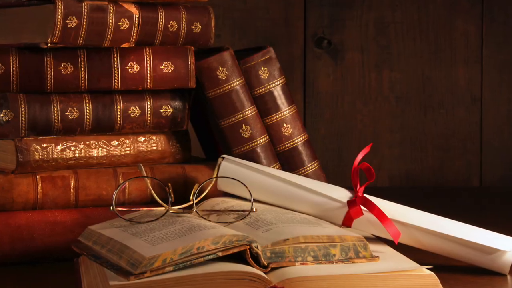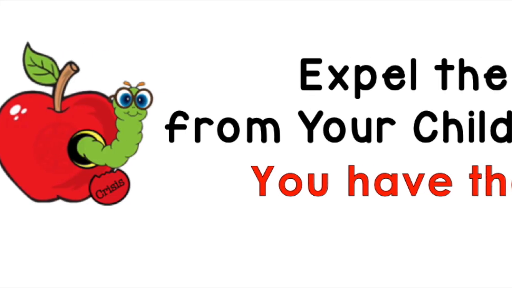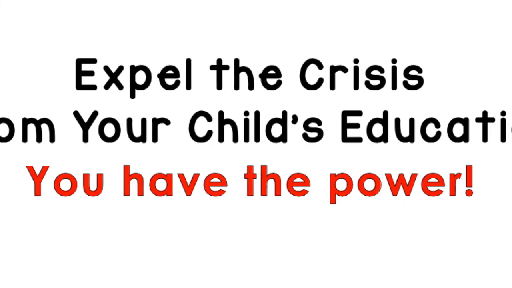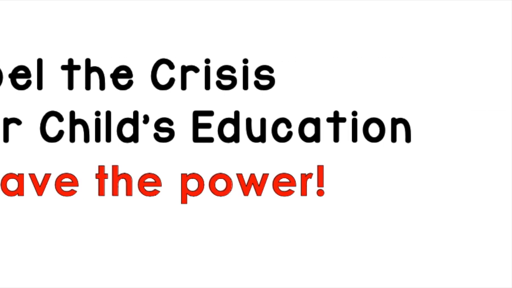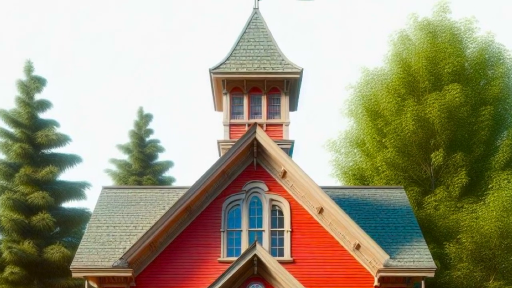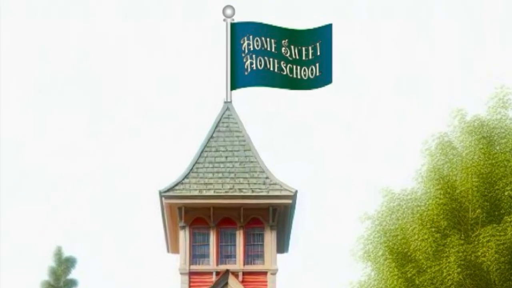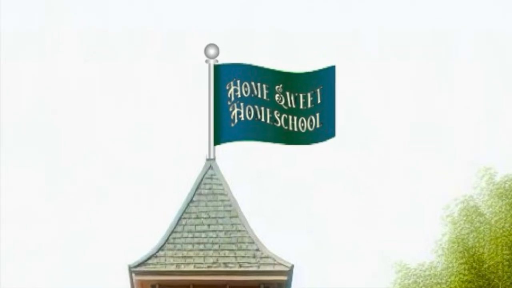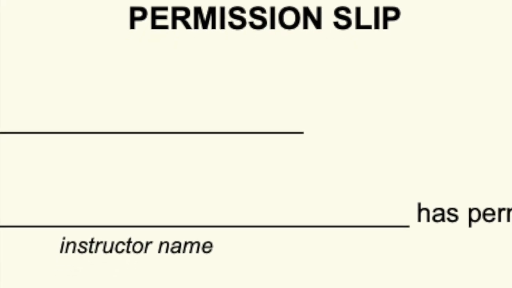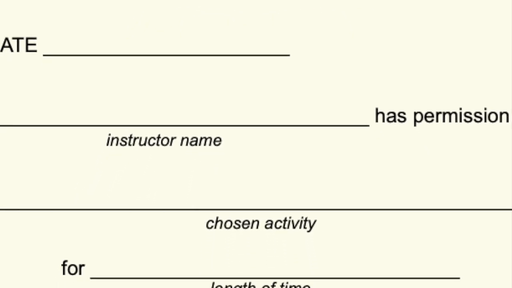If you've taken our trainings, Expel the Crisis from Your Child's Education, You Have the Power, or Is Homeschooling Right for You?, you know that no one is more qualified to teach your children than you. The lessons for the story you selected have been designed to enable the entire family to get involved.